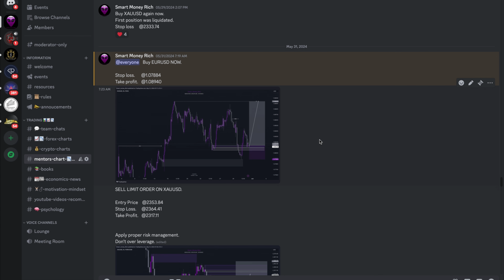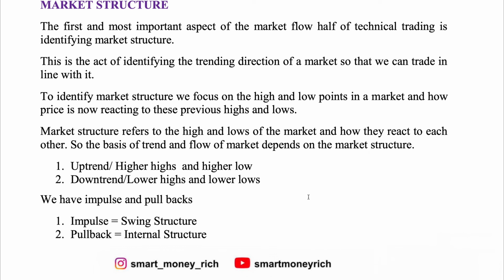Now, whenever you're trying to identify market structure, you need to know that market structure refers to the highs and lows of the market and how they react to each other. So the basis of trend and flow of the market depends on the market structure, right?